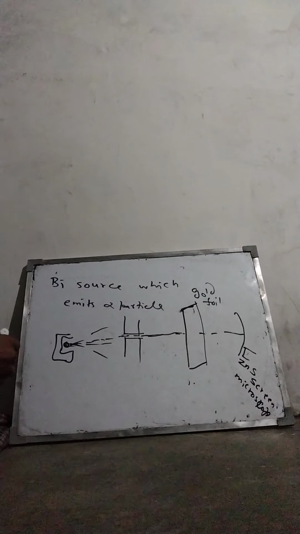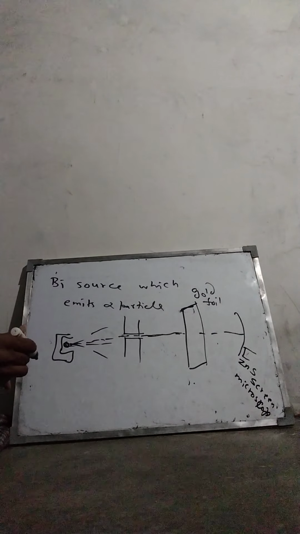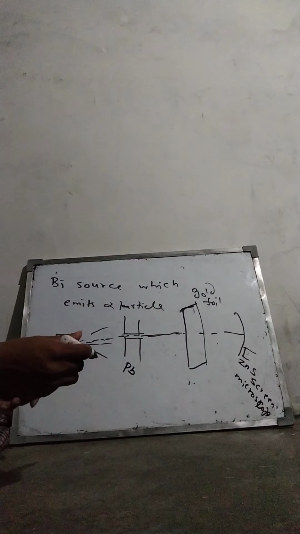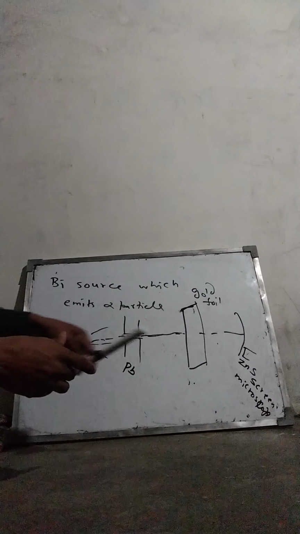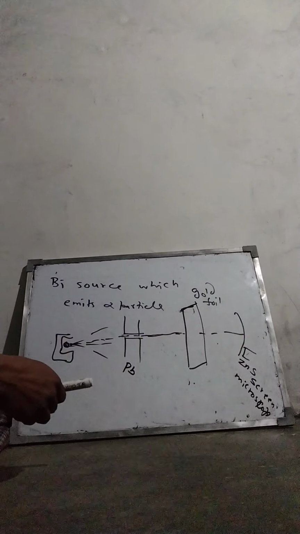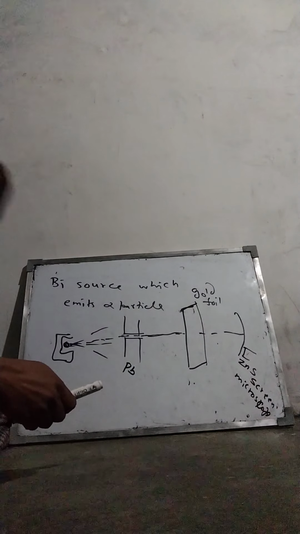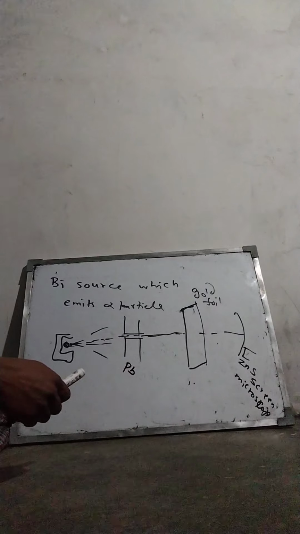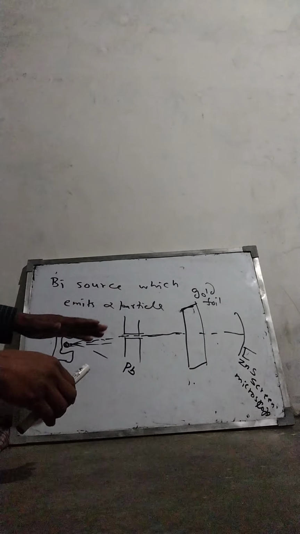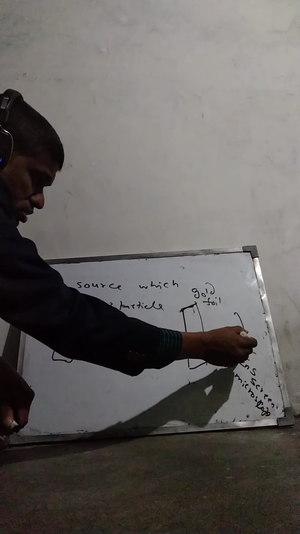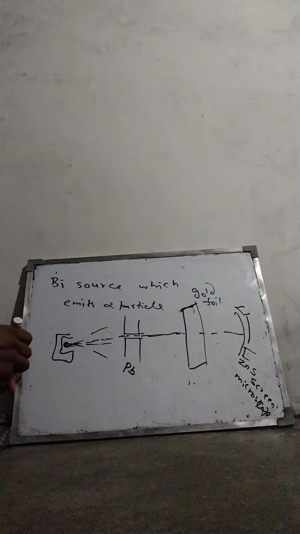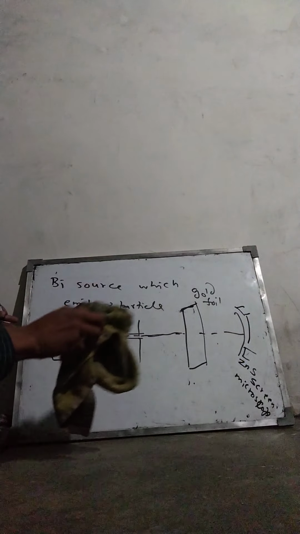So basically this is the bismuth source emitting alpha particles, they are collimated by lead bricks, passing through gold foil, and their scintillations are observed on this zinc sulfide screen, which has a microscope with it. They varied the angle. This screen is allowed to move, it can be brought to here. They observed different angles.